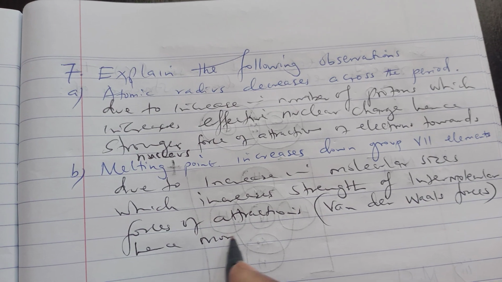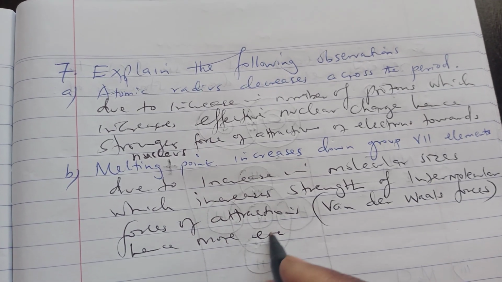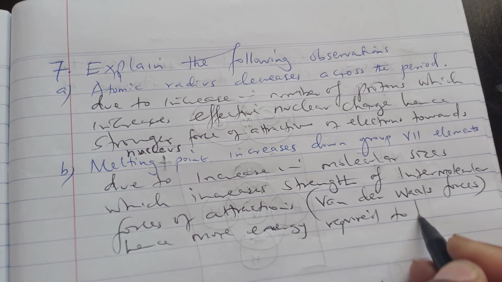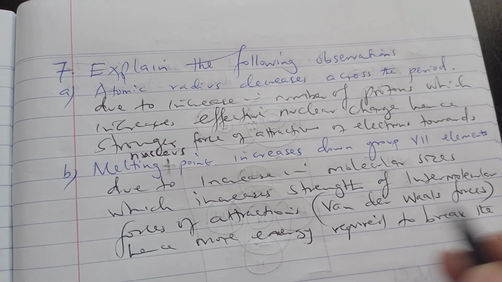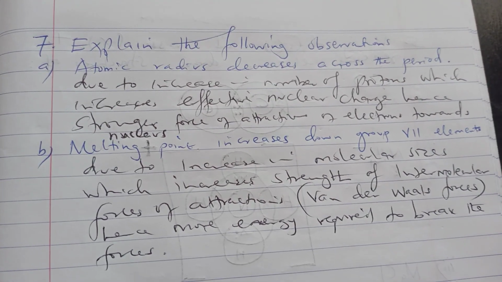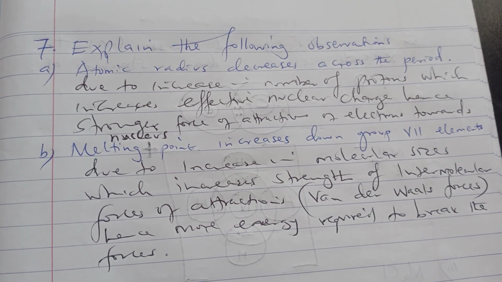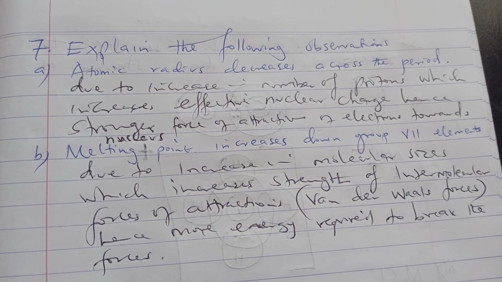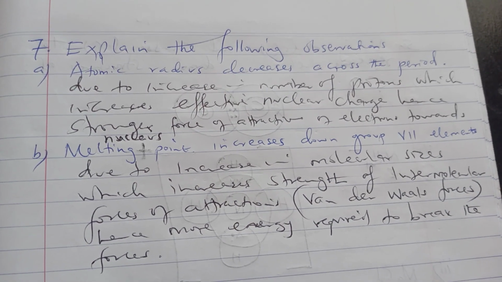Hence what? More energy required to break the forces. So as you move down group 7 elements, the family of halogens, the molecular sizes of the elements increase.